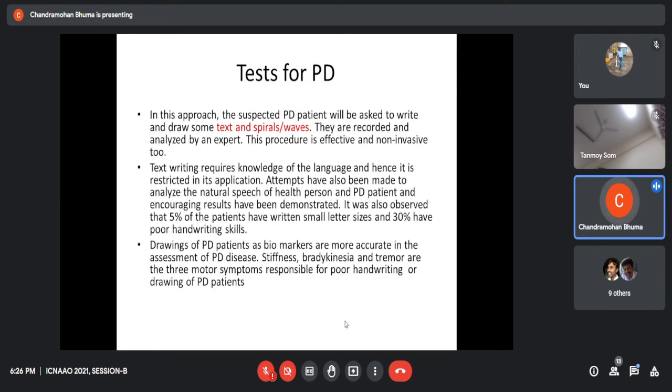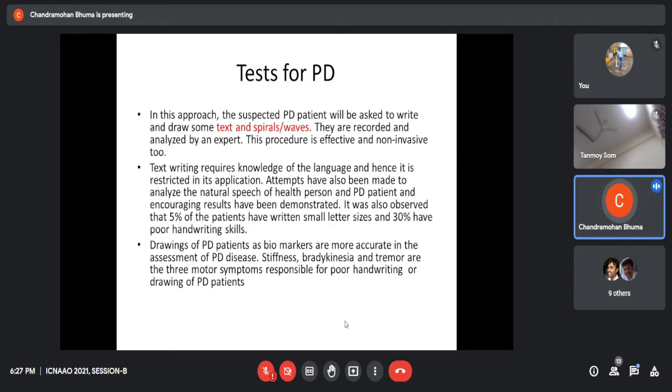In this approach, the suspected PD patient will be asked to write or draw some text and spirals. There are many approaches, but drawing spirals and waves overcomes the language barrier. If he is asked to write text, then the language barrier may come; if he is not literate, he may not write. Sometimes speech is also used to assess whether the patient is suffering from Parkinson's disease. Drawings of PD patients as biomarkers are more accurate in the assessment of the disease.